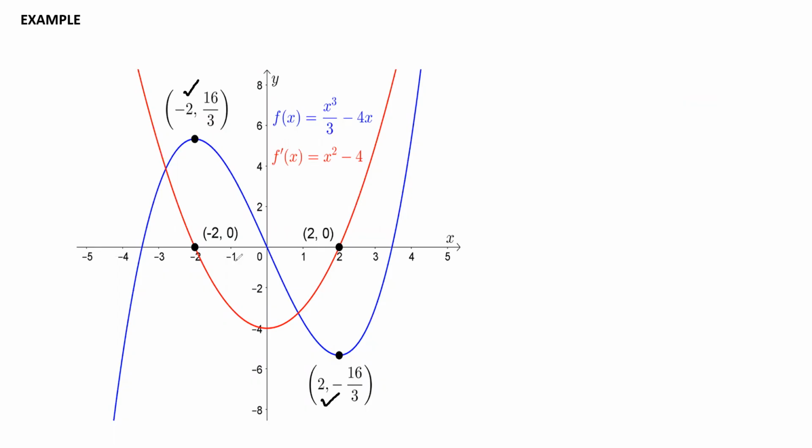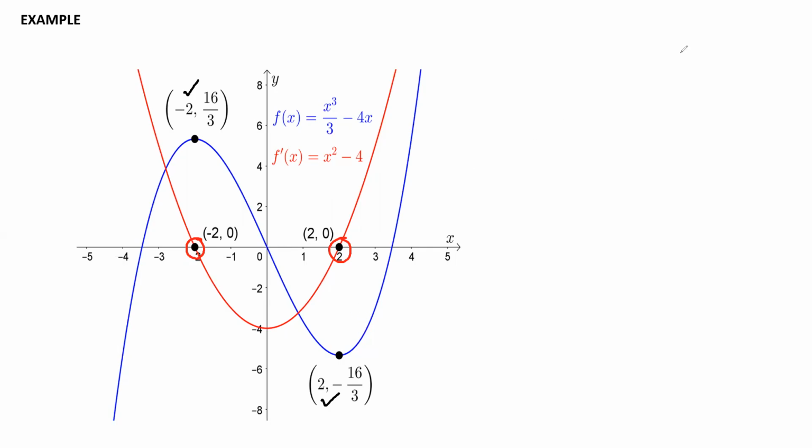Then I notice that the x-coordinates of the x-intercepts are actually at -2 and +2 for the first derivative. So for the first derivative, x squared minus 4, our x-coordinates of the x-intercepts are actually the x-coordinates of the turning points of the cubic graph.